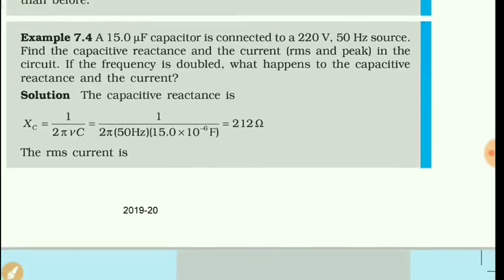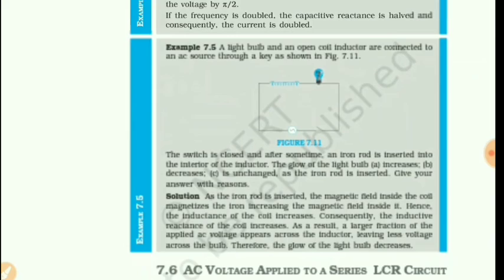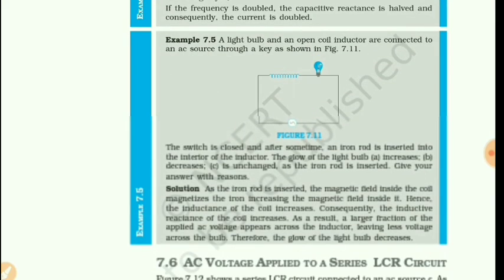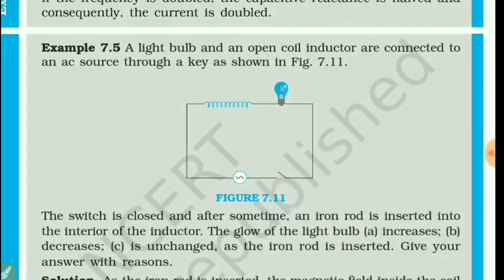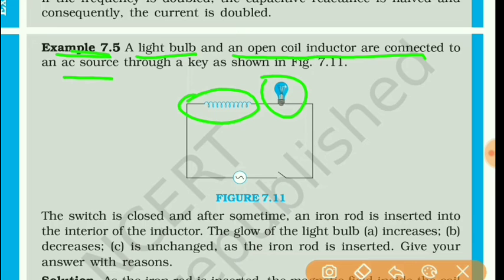Now example number 7.5. Here in this example, as shown in the circuit, a bulb and an open coil inductor are connected with an AC source. You can see there is a bulb and a coil. Coil means it is an inductor. They are connected with an AC source.